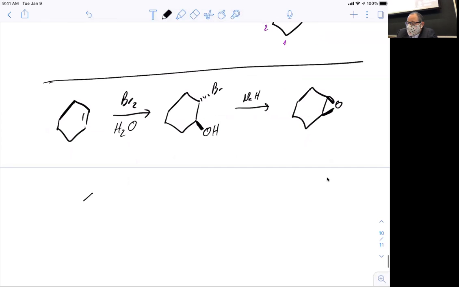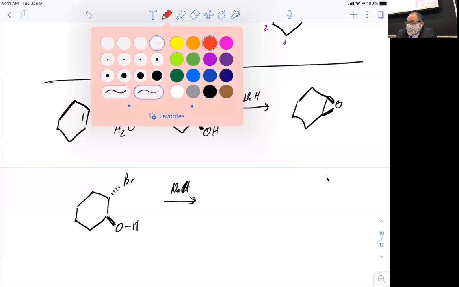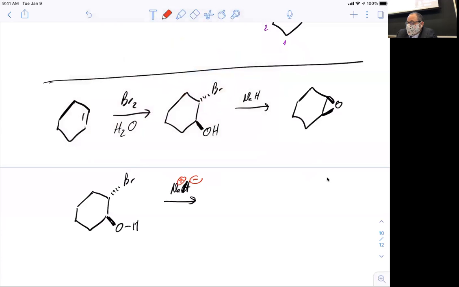The way this is working is that I have my intermediate set up to do a backside attack. Right, so that deprotonates here, oxygen goes there.